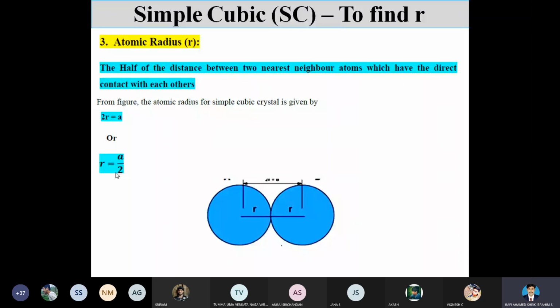Because if you know the parameters, then you can just complete the crystal structure by writing the definition and drawing the structure. So these two are enough. If you know the definition and the structure, from the structure and the definition, you can directly write the result.